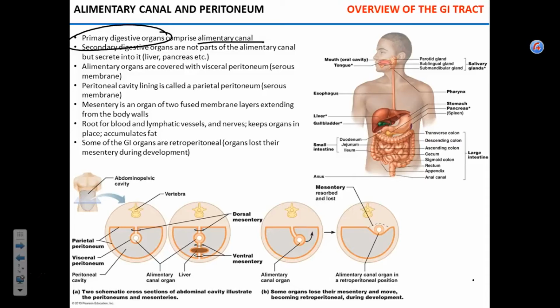So, you can look there, but just think, which organs comprise alimentary canal? Come on, let's go from here. Mouth, then throat or pharynx, then esophagus, then stomach, then small intestine, large intestine, rectum, anus.